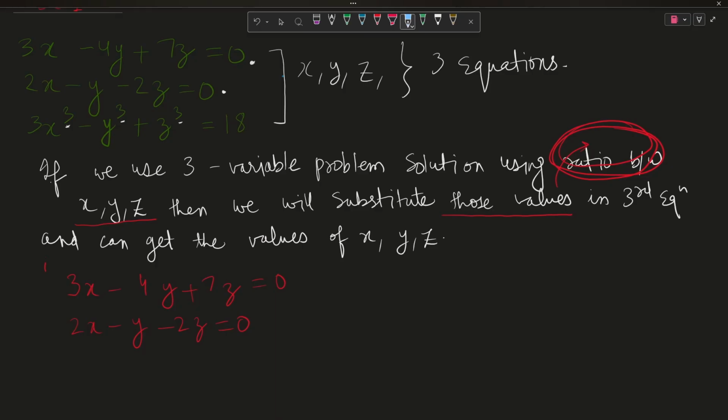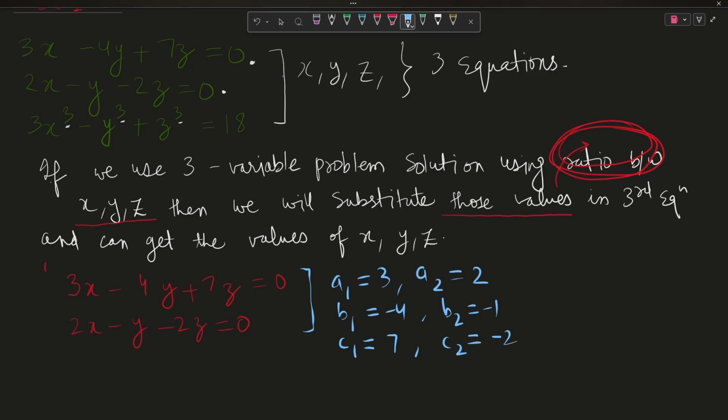So let's calculate firstly all the coefficients of x, y, and z. a1 is equal to 3, a2 is equal to 2, b1 is minus 4, b2 is minus 1, c1 is 7, c2 is minus 2.